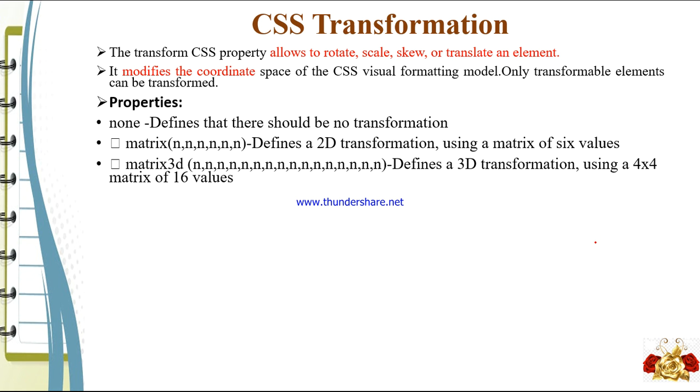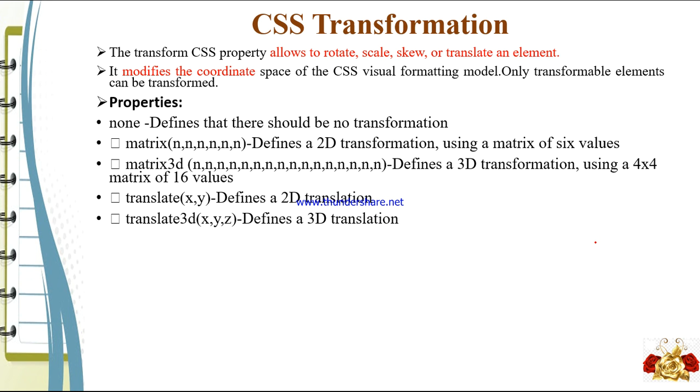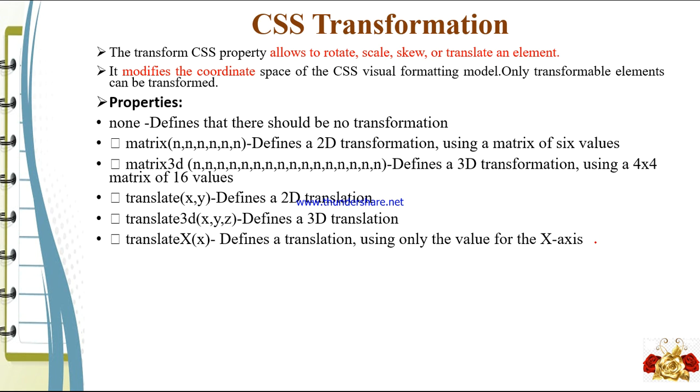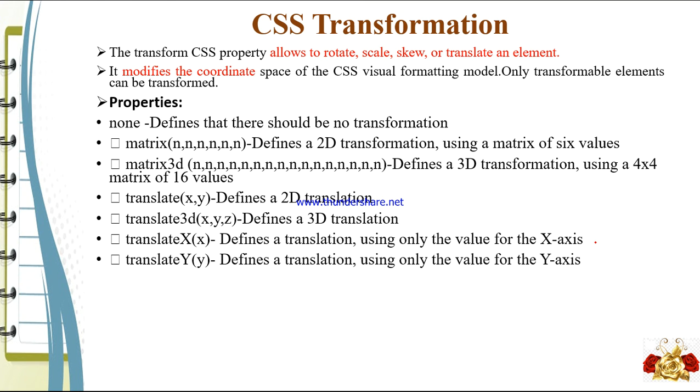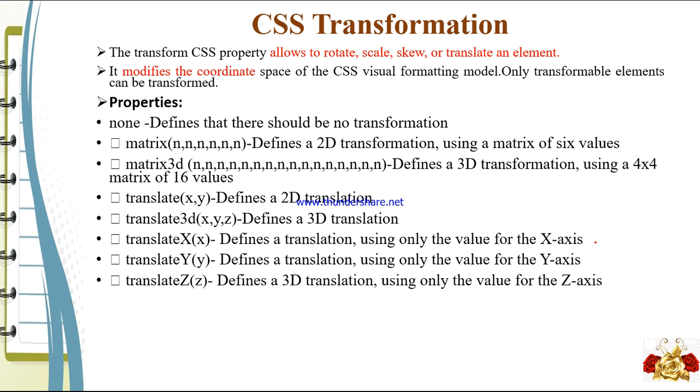Matrix3d with 16 values defines the 3D transformation. Translate x and y is the 2D translation, and x, y, z means 3D. Translate X within brackets translates only the x axis, then translateY only the y axis, then translateZ only the z axis.